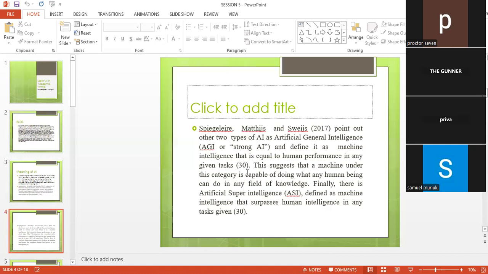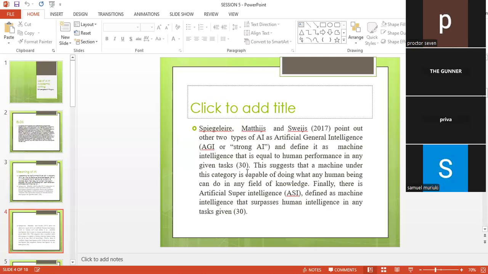So this suggests that machines under this category are capable of doing what any human being can do in any field of knowledge. Imagine that. So this one is equal to human, but narrow intelligence is superior to human intelligence.